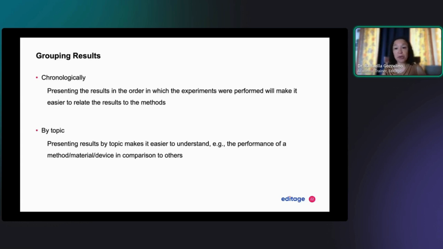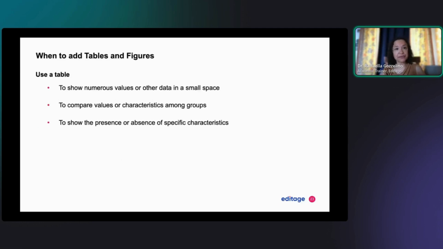An example is the performance of a method or a material or a device in comparison to others. So there are specific settings on when to use tables and when to use figures. If you are indecisive, these couple of slides will help you out, because you can use a table to show numerous values or other data in a small space.